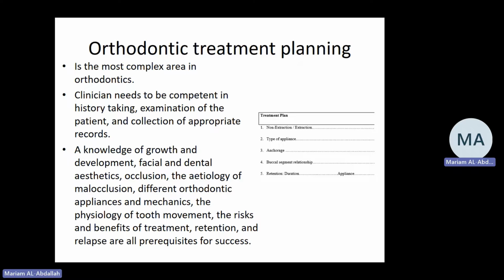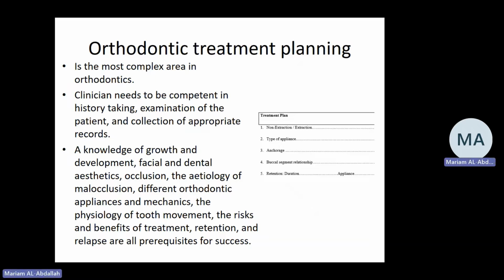Now, it's very important to know that orthodontic treatment planning is a complex area. To be able to do a proper planning for a certain malocclusion, it's important to have the basic knowledge. You will notice that this lecture is mainly pulling out all the knowledge that you got from your previous lectures and just organizing and using it.